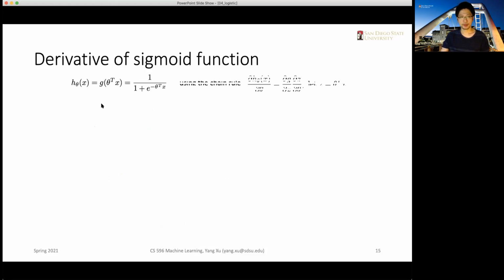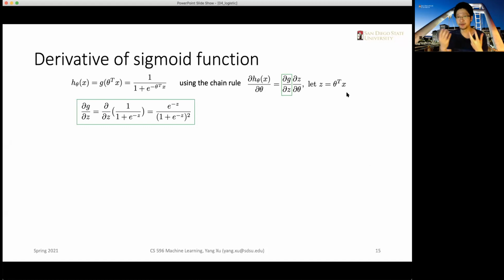Okay, so we're gonna use the chain rule again. Because h theta of x is g of theta transpose x. So we basically decompose the derivative into two parts. The first part is this derivative of g with respect to z, and we let z be theta transpose times x. Okay, it's an intermediate variable.